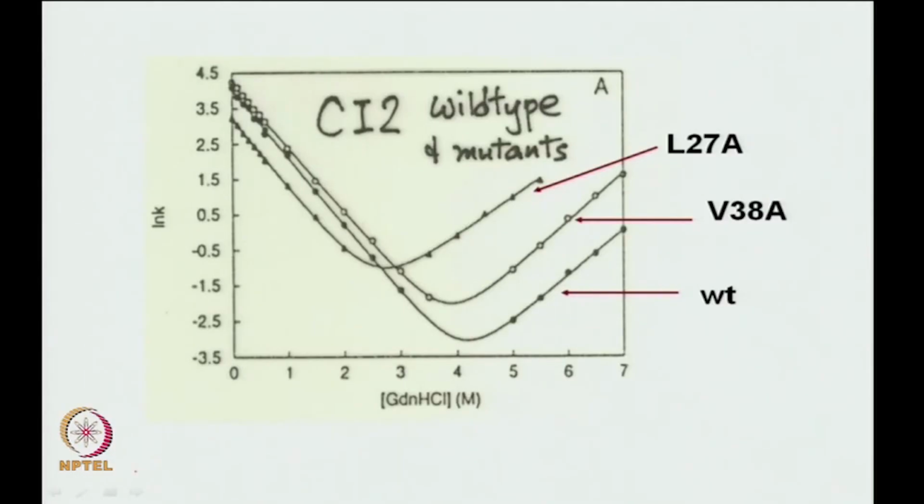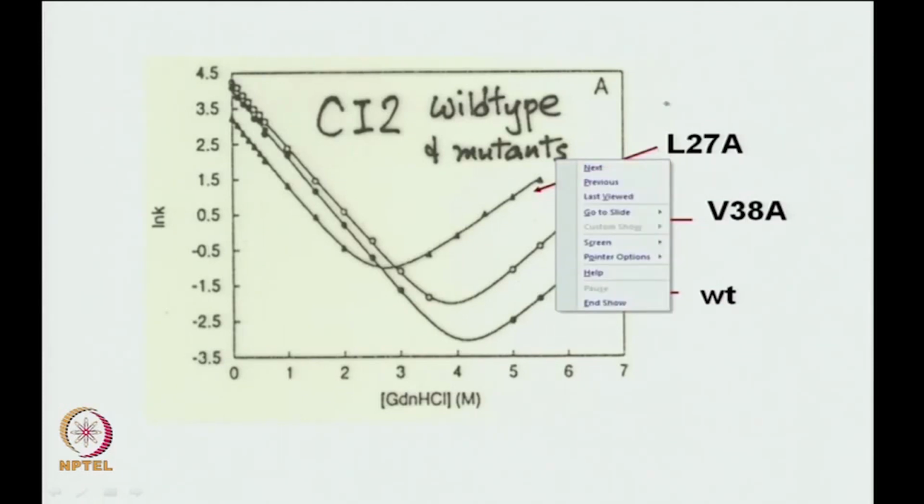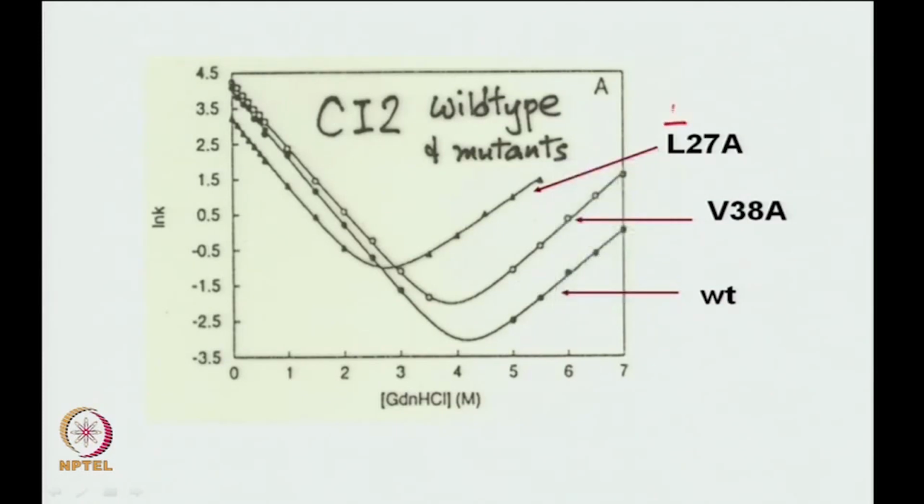So, see what happens. This is the wild type. That means wild type means you have not done any mutation. Then you understand these are 3 different chevron plots of 3 proteins. One protein is your wild type, the other protein is L27A, where you have replaced the leucine at the 27th position by alanine, and the other one is V38A.